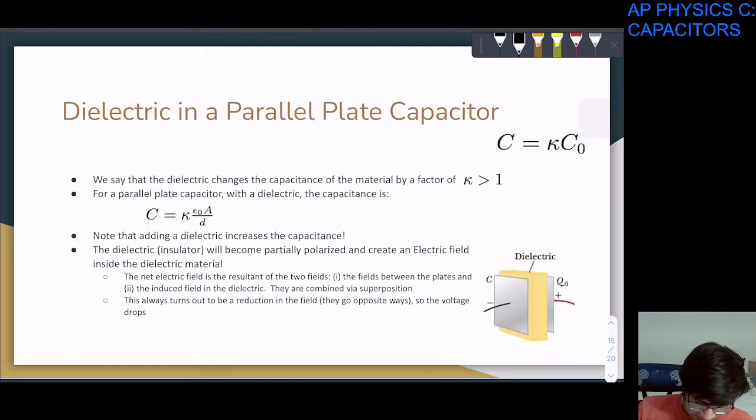Now, over here, we see that the dielectric changes the capacitance of the material by a factor of kappa greater than 1.